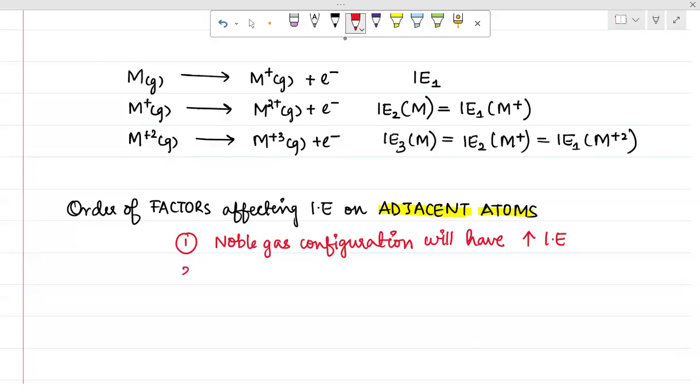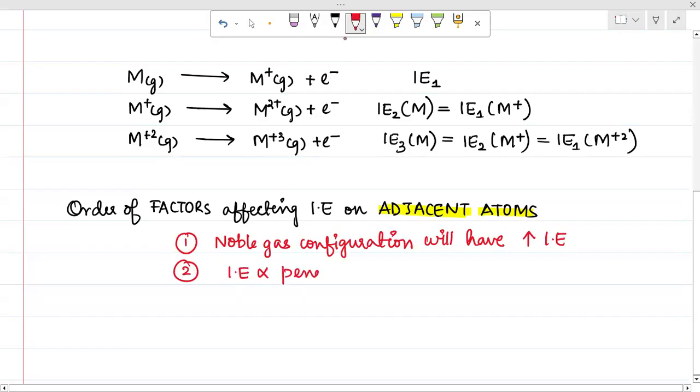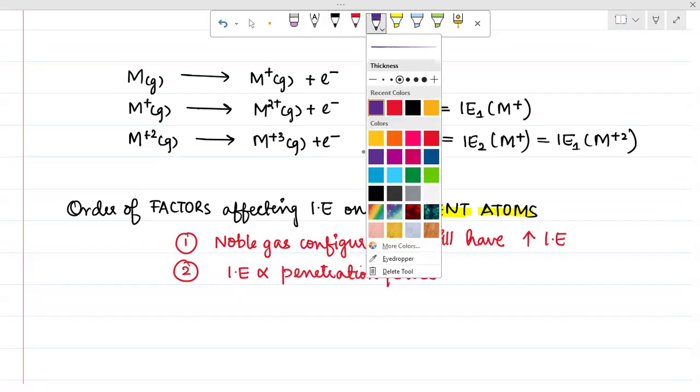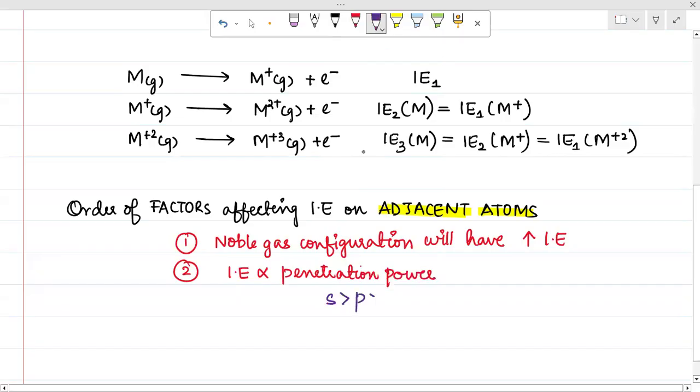Okay. Second is penetration power. Ionization energy is directly proportional to the penetration power. Now, what does penetration power mean? It varies with the subshell. The penetration power of s is larger than p, then d, then f.